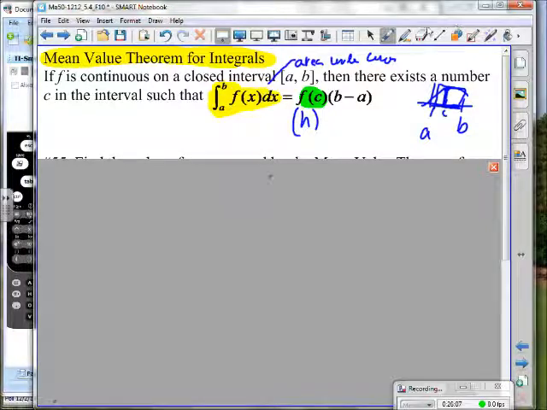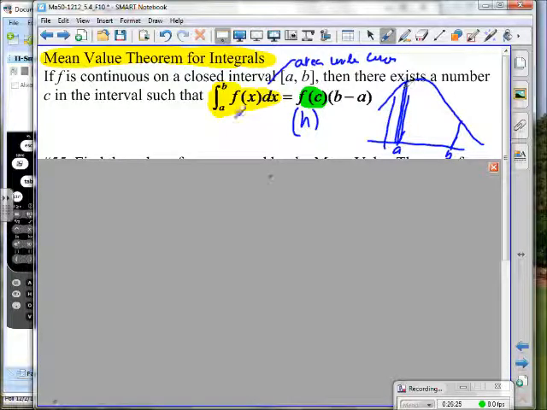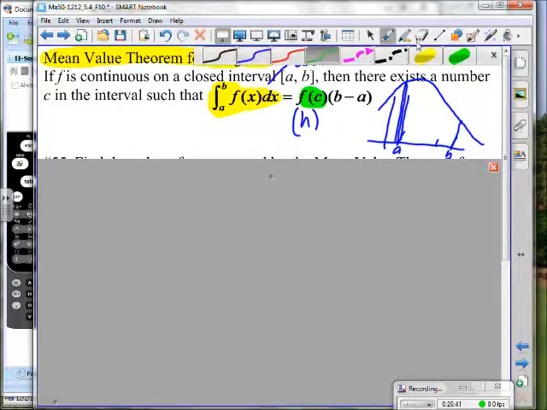Now, what happens is this. I didn't draw you maybe as good a picture as I could, so let me try this one more time. Here's A, here's B, and let's say that we have a curve that goes like this. So I'm going to go from here to here. And this piece says that the area under the curve, all of that, this piece says that there's some point between A and B, and let's make that right here, and I'll put it in a different color so we can see it.